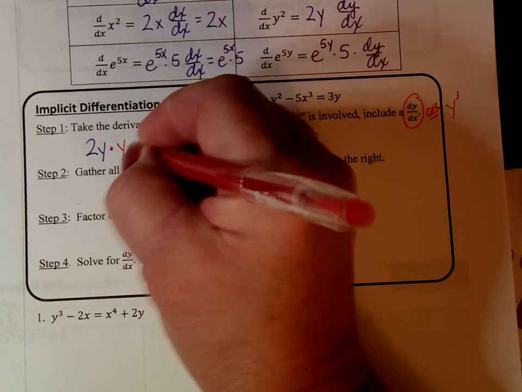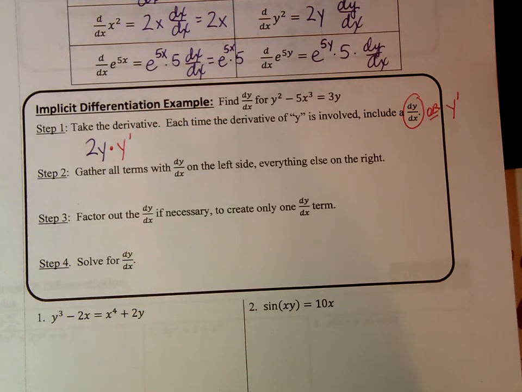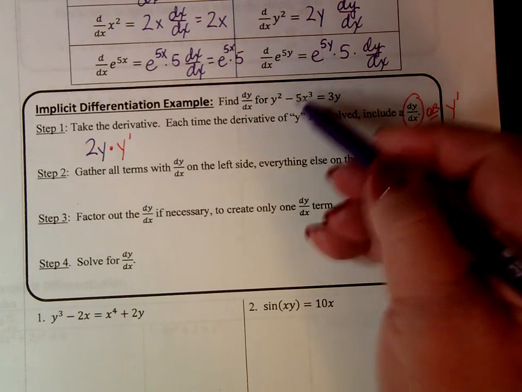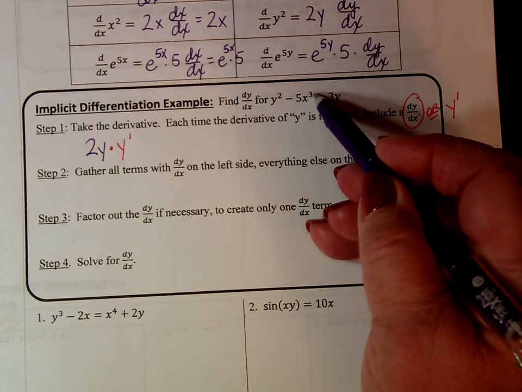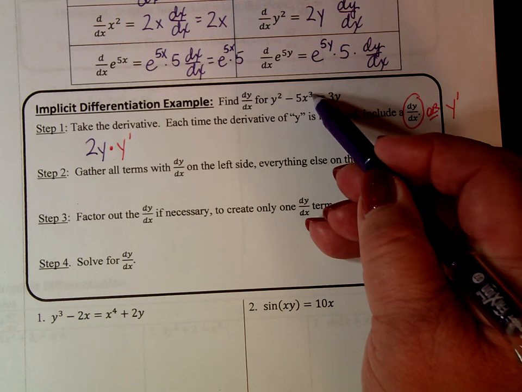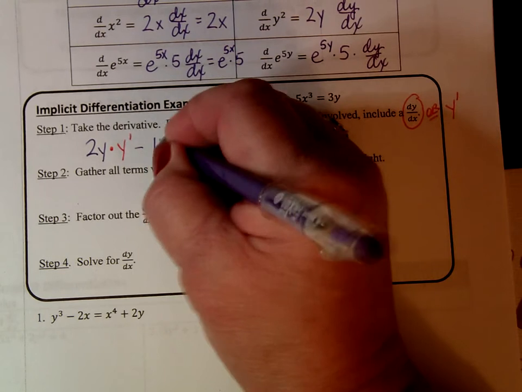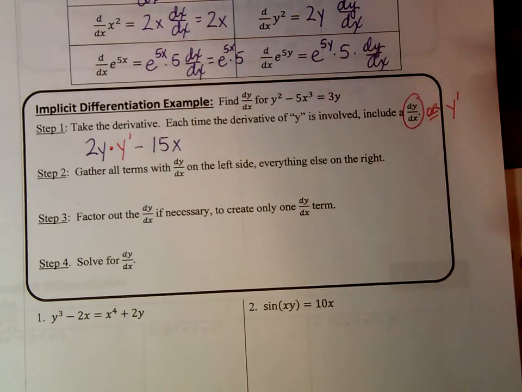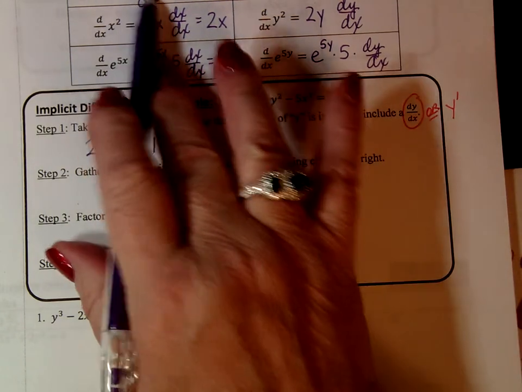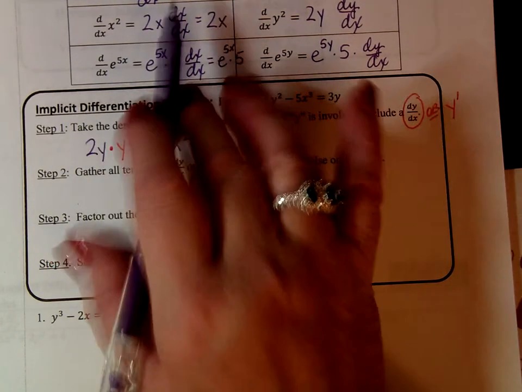That's times my y prime, or dy over dx. Come to the next term, minus 5x cubed. That would be 15, 3 comes down, 3 times 5 is 15, x to 1 less power, x squared. But I took the derivative of an x, so I don't have to say so. See how when I take the derivative of an x term, it just is 1, so that's okay.